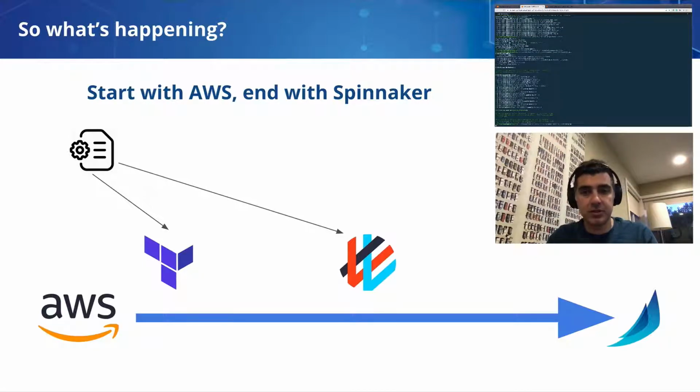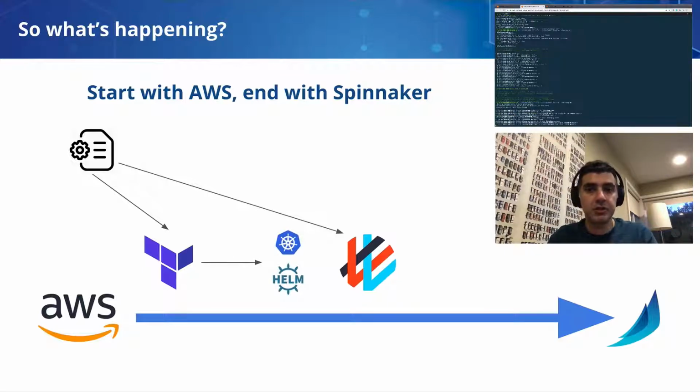And once we have a Kubernetes cluster, then we can also use Terraform for Helm configuration so that we can deploy Flux on top of this. And this allows us to then delegate to Flux to take care of the rest of it for us and do the GitOps behavior.